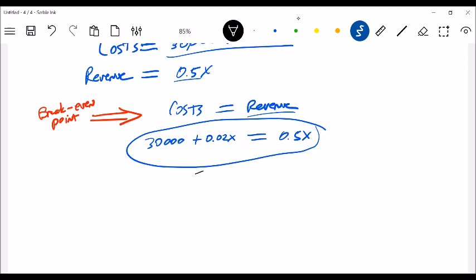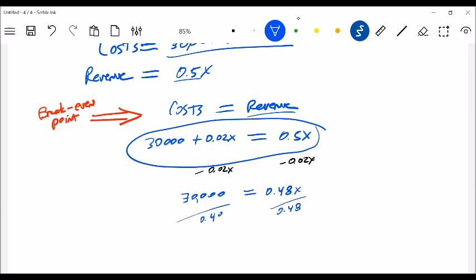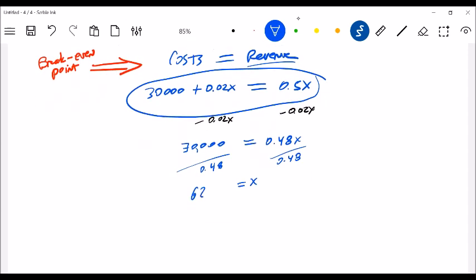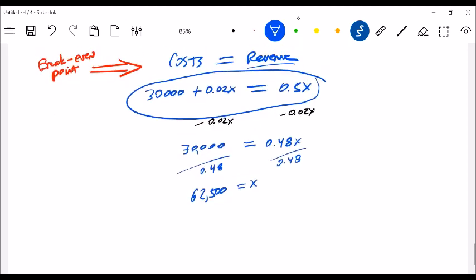So let's subtract this 0.02x from both sides. And what we get is 30,000 is equal to 0.48x. We're going to divide by that 0.48. And we get that x is equal to 62,500.